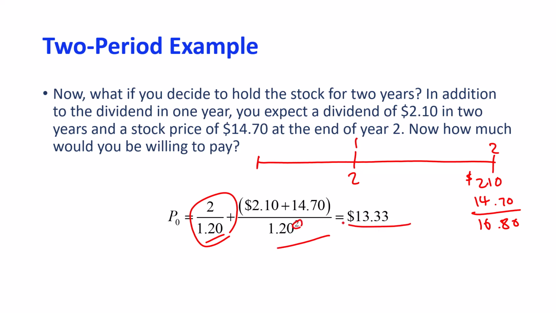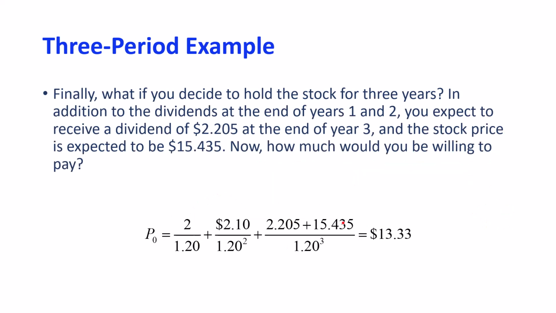So you can see the pattern here. For the 3 period case, all you're doing is finding the present value of the cash flow in year one, the cash flow in year two, which are dividends in years 1 and 2, and then the cash flow in year 3, which is the dividend in year 3, plus the proceeds of the selling of the stock in year 3. So a pattern emerges.